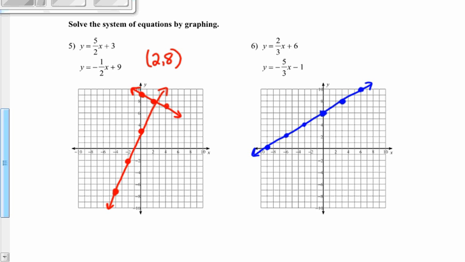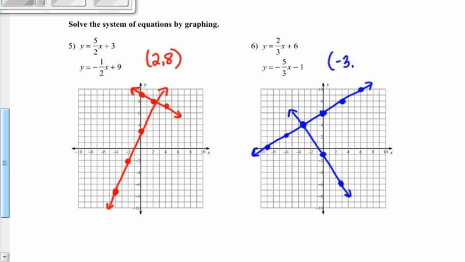So it has a y-intercept of negative 1 and a slope of negative 5/3, so down 5 over 3, and I'm going to go up 5, back 3, and again I can see where those two lines would share a point, and that point is at negative 3, 4.